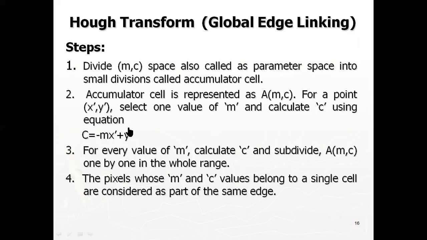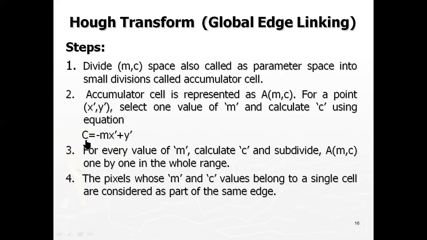For a point x dash y dash, we select one value of m and calculate the value of c using this equation c equal to minus mx dash plus y dash. In the second step, we select one value of m and calculate the values of c using this basic equation.